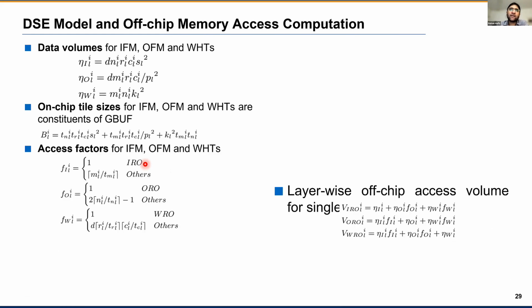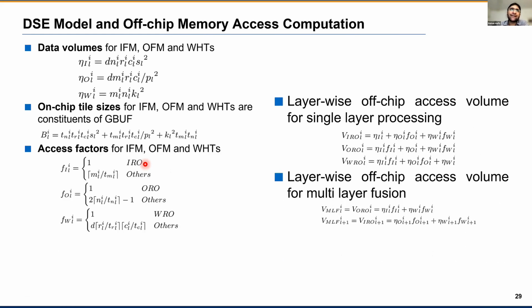And afterwards, we have to compute the data volume and the access vectors, considering the different data reuse strategies. And afterwards, we compute the layer-wise off-chip access volume for the single layer processing, as well as for the multi-layer fusion.